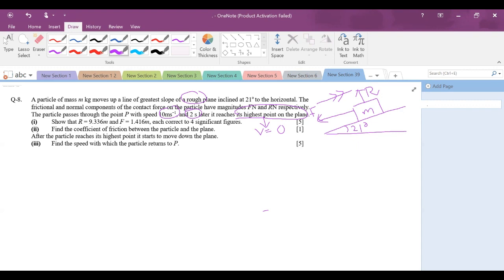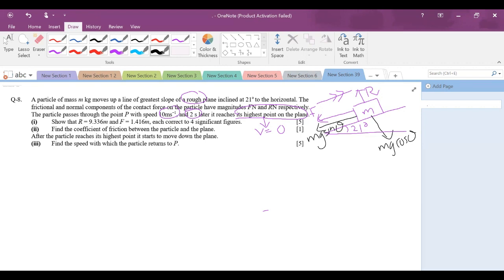Okay, so if we have to find R and F, we'll have to resolve weight into its components. So this is mg cos theta, and this component is always mg sin theta.